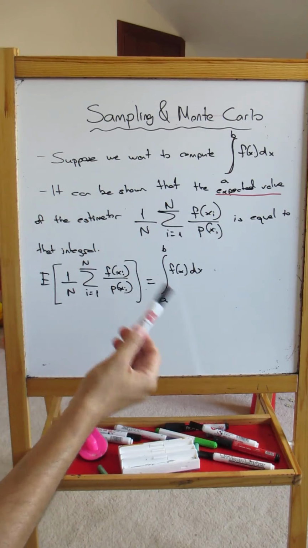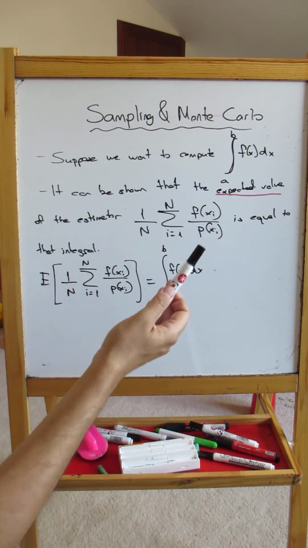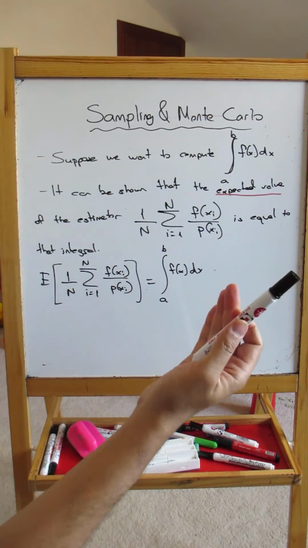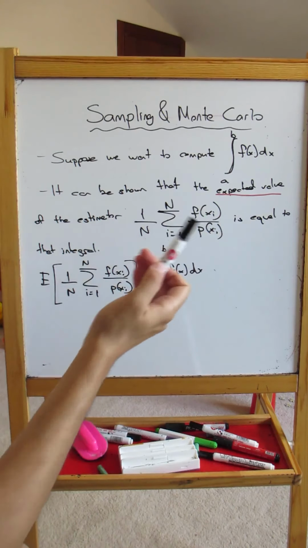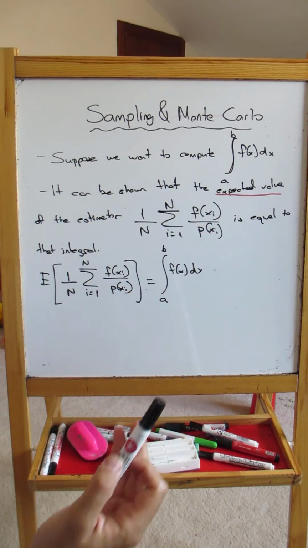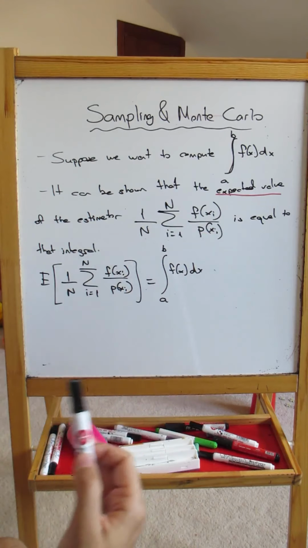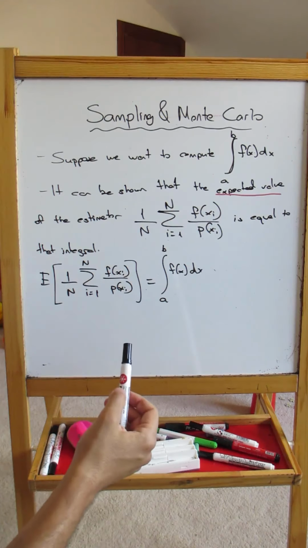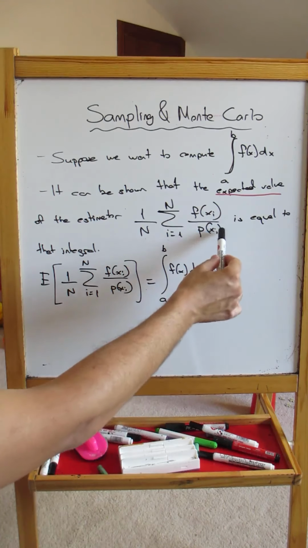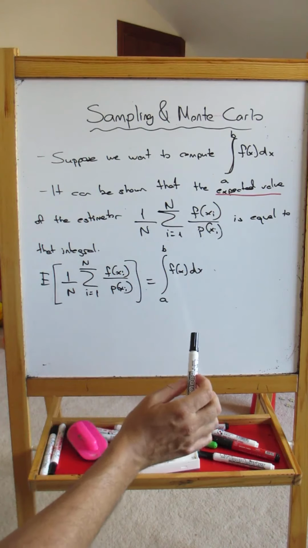For example, if the probability of getting a certain xi is large, you penalize it by dividing it by a larger denominator. If the probability of a certain xi is small, you reward it by dividing by a smaller denominator. So this division by the probability is important here.